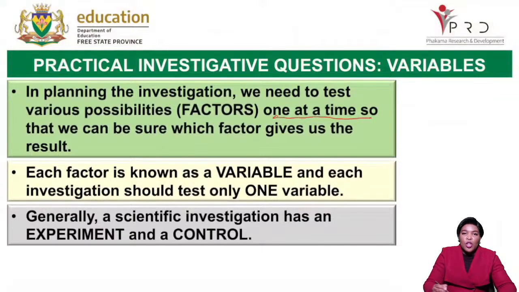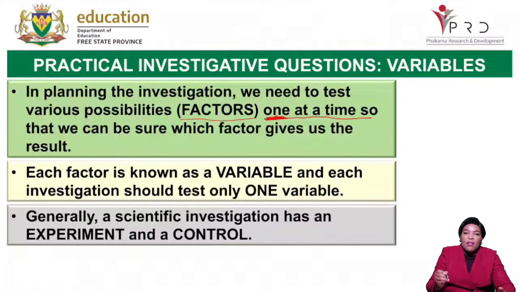For an example, you cannot test heat, temperature, or light at the same time for whatever result that you want. So if you are setting an experiment, there has to be that one factor that you are investigating. Then you will decide whether you're going to limit or to introduce that factor to check its effect on your investigation. So the investigation will always have a factor, one factor that is going to be investigated at a time.